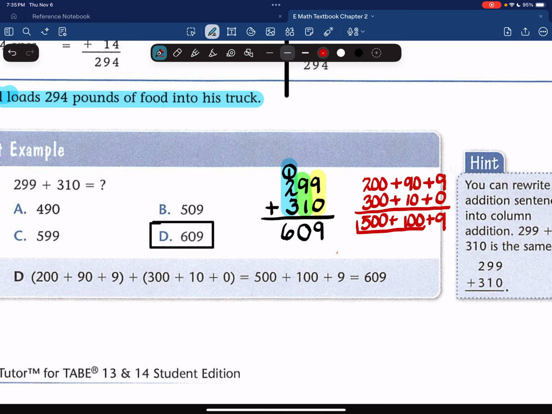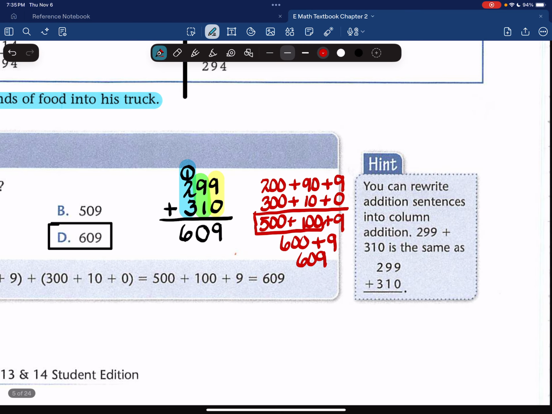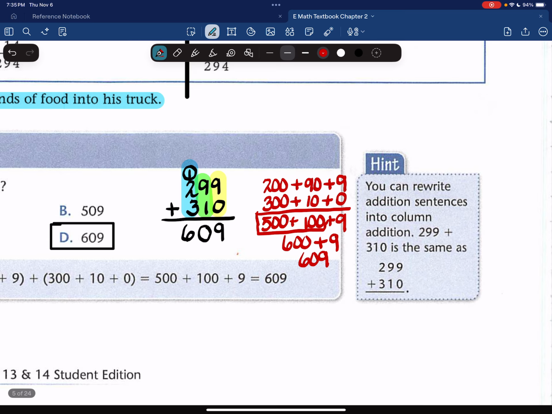And then those hundreds get combined and then added to that 9, and you get the same answer. So it is fine to do it either way. I'm going to work with the algorithm for this one, but you can always go back and use this red version. That expanded form will always work.